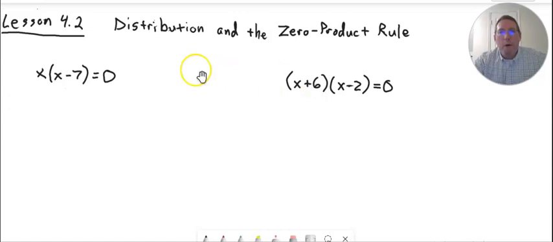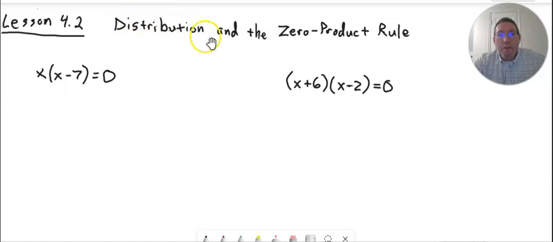What I want you to do is, first I want you to distribute, then I want you to solve the equation. So for the first part, you're going to ignore the equals here. You're just going to look at the left side, and you're going to do distribution, like the second thing we learned in this lesson.